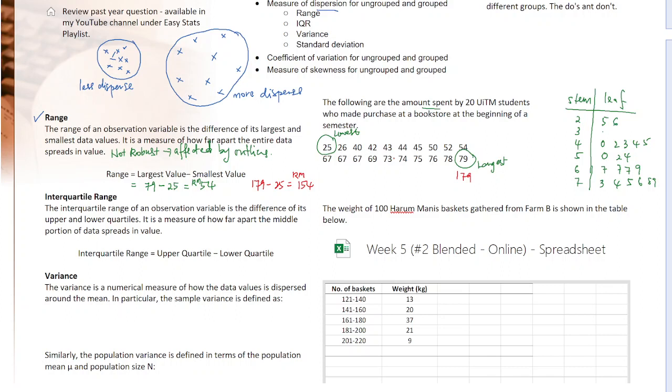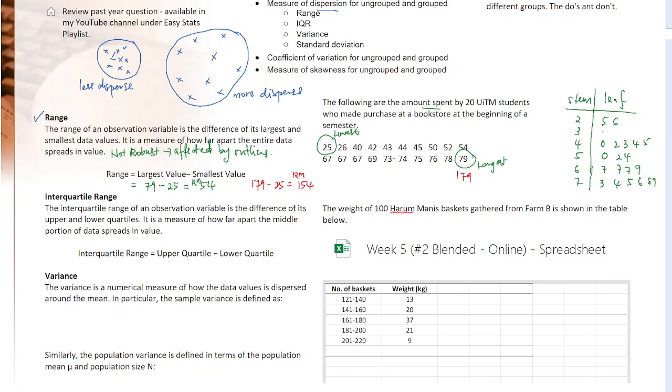If they have no outliers and they have the same unit, then you can compare two groups on their dispersion, which one is more consistent, which one is less consistent. And of course, the one with the lower value of range is more consistent, in other words, less dispersed.